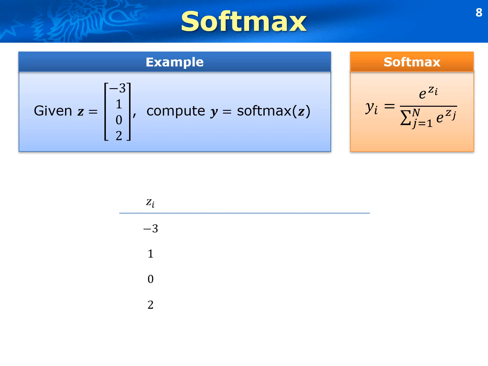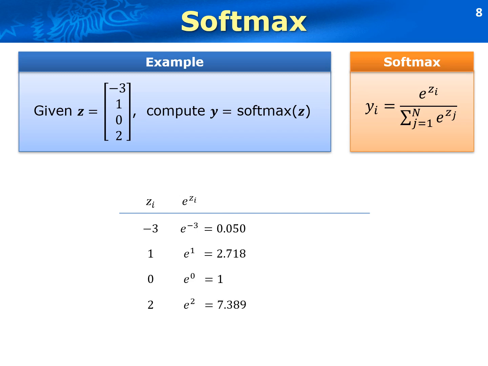In the second column, we apply the exponential function to each zi. For example, the value of z1 is -3. After exponential function is applied, it becomes e to the -3, which is 0.050. Similarly, we can calculate the other values.